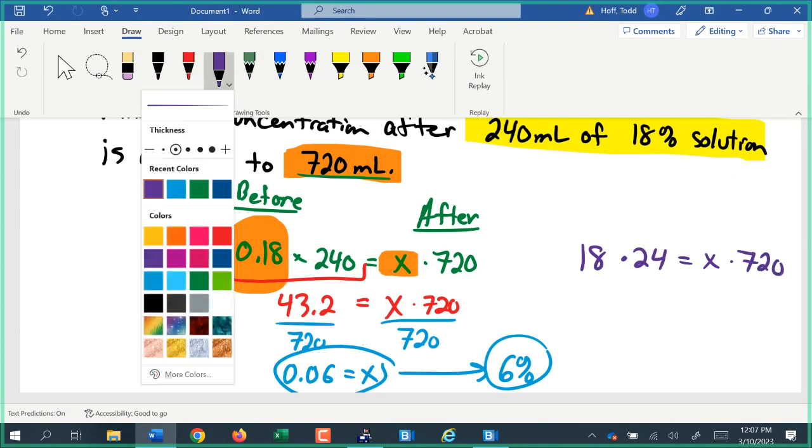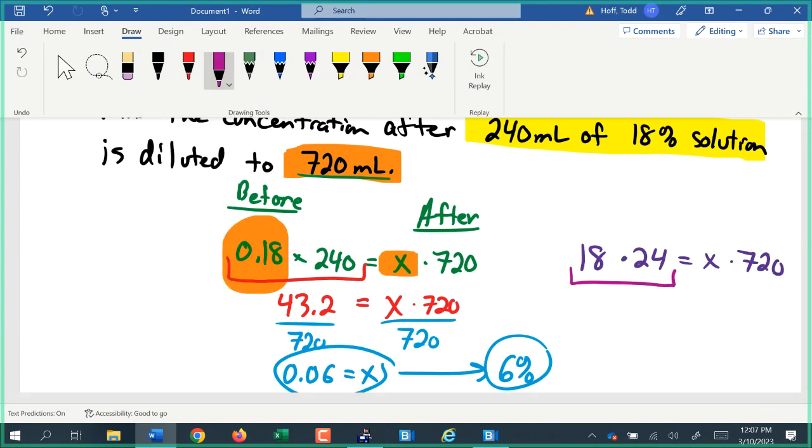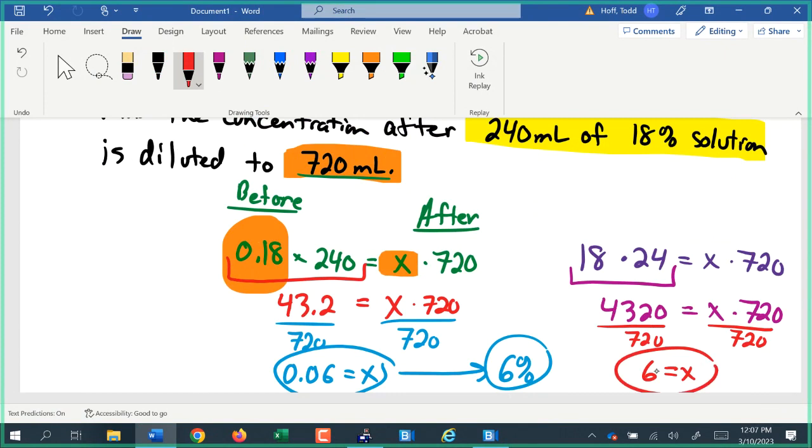And if I left it that way, when I multiply 18 times 240, 4,320 equals X times 720. And then dividing by 720, 4320 divided by 720 is just 6. So what I get here is actually the percent. So I can do it either way, I just have to be careful.